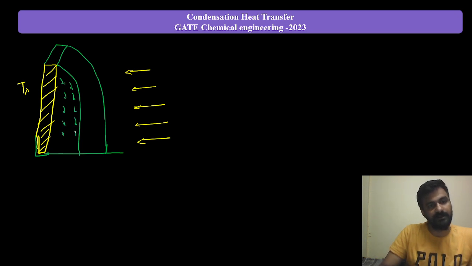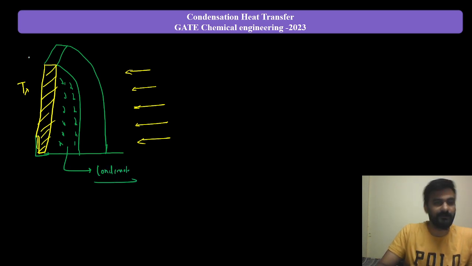Coming to the surface, here you will see this is called the condensate. It will look like that. These are the pictures of that. So what will happen actually here? You have to derive the mathematical equations.